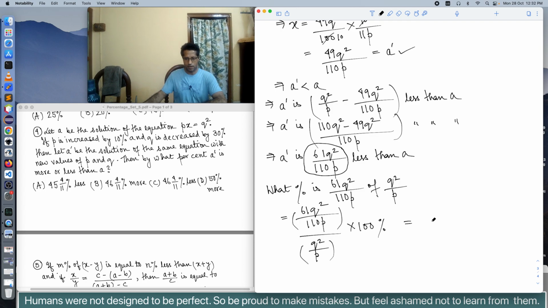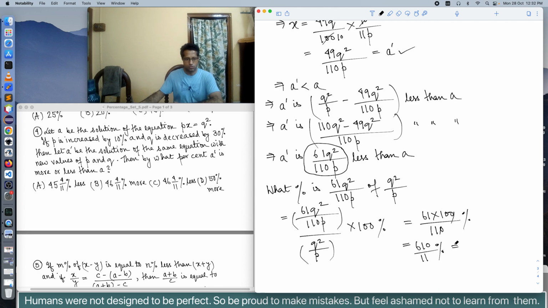After simplification, q square by p will get cancelled out from both the numerator and the denominator, and so this will be 61 multiplied by 100 divided by 110 percent. Now if I cancel a 0, we are having 610 divided by 11 percent.